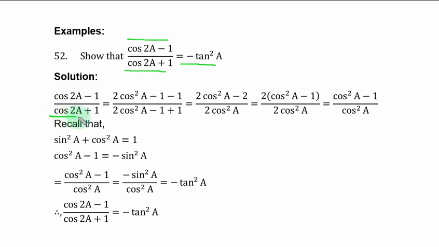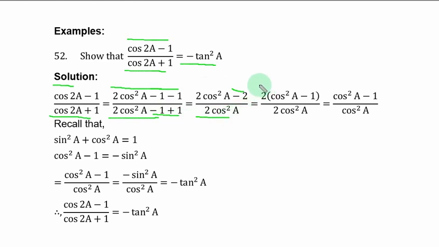From the given problem, you can replace the double angle of 2a with this and this respectively. If you add these two terms, you have minus 2, and minus 1 plus 1 is 0. You are left with 2 cos squared a in the denominator.